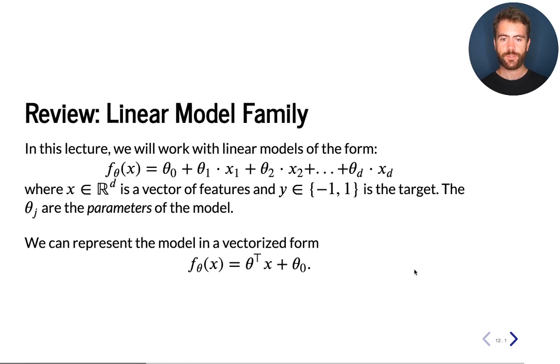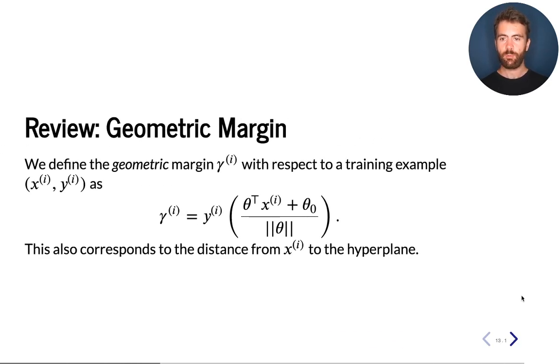Our goal here is to find a good linear model, a good boundary that will distinguish between the two classes. At the very beginning of our lecture on SVMs, we defined the concept of margin, which is the distance from any point to the decision boundary, or to the separating hyperplane, as it's also called.